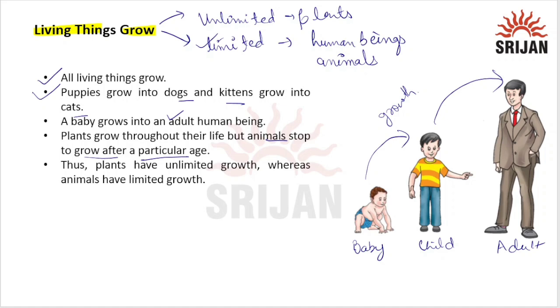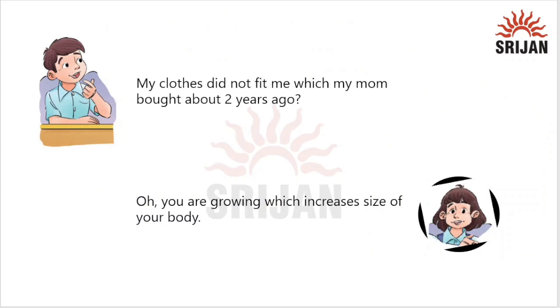Therefore, the growth is limited. But in plants, growth does not stop at any age. The plant remains to grow, so it is an example of unlimited growth. Thus, plants have unlimited growth, whereas animals have limited growth.